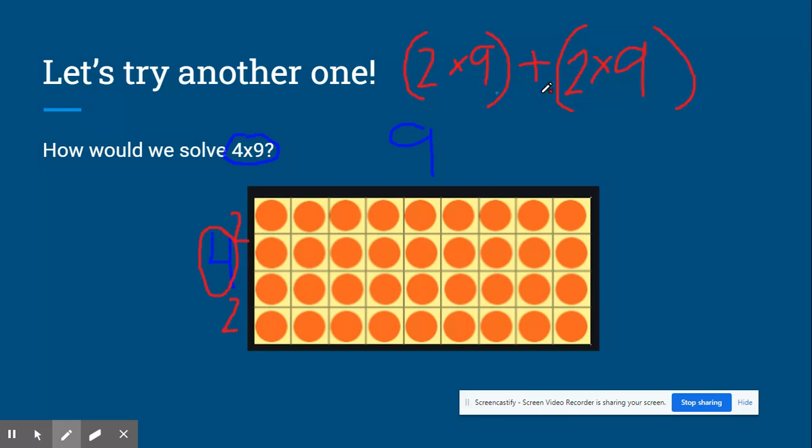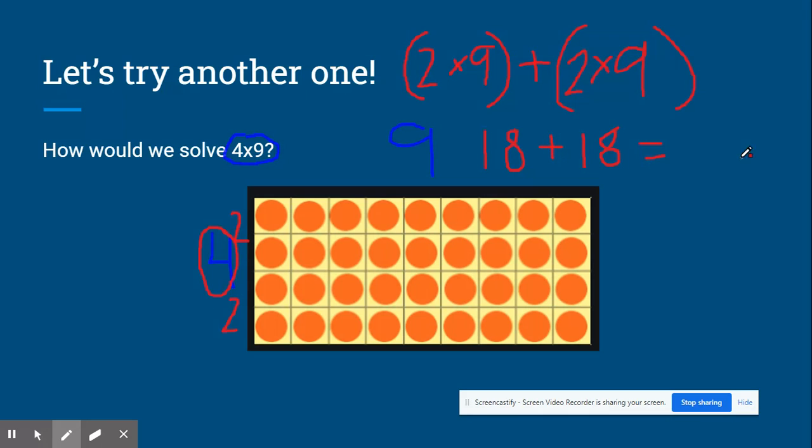And if I solve those, 2 times 9, well, you can skip count by 2 9 times, or you can add 9 plus 9. I know that that answer is 18. If that's 18, then that is 18. And I'm going to add them together, 18 plus 18. So boys and girls, be careful here because there is some regrouping that's going to happen. So in my ones place, I have an 8 and an 8.